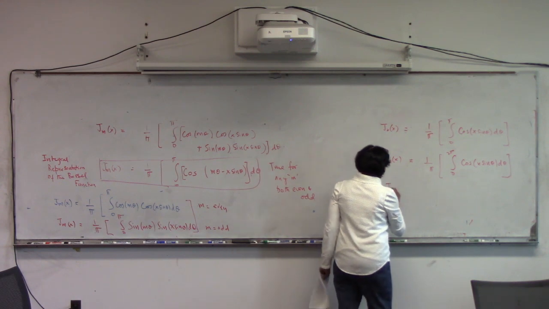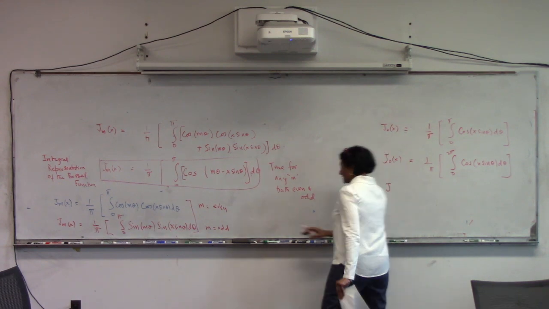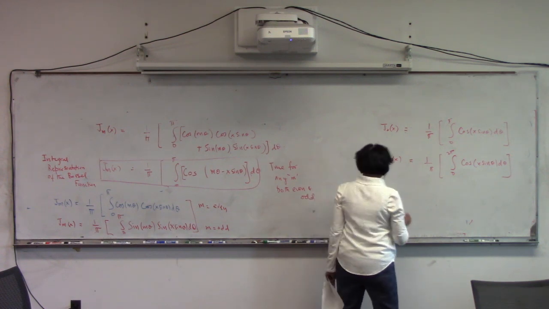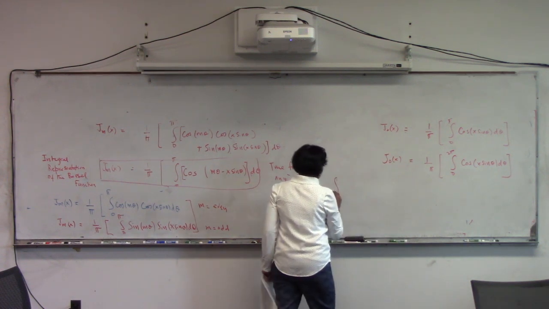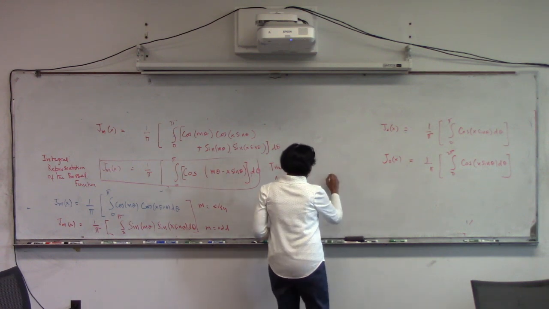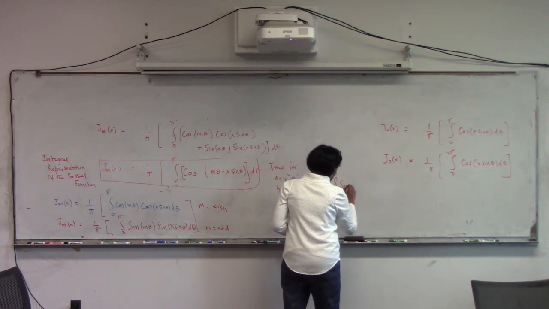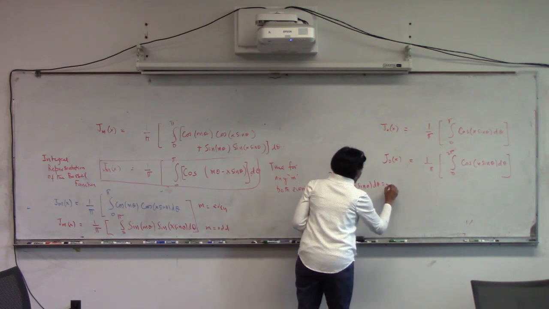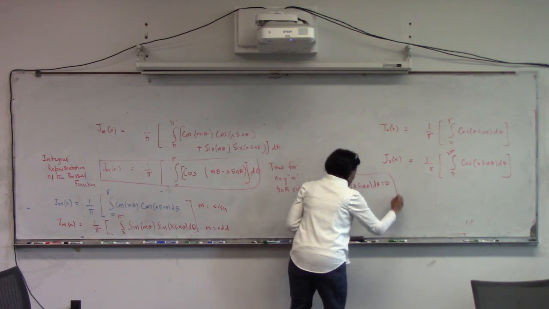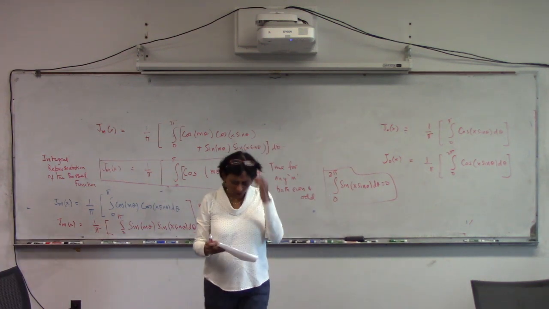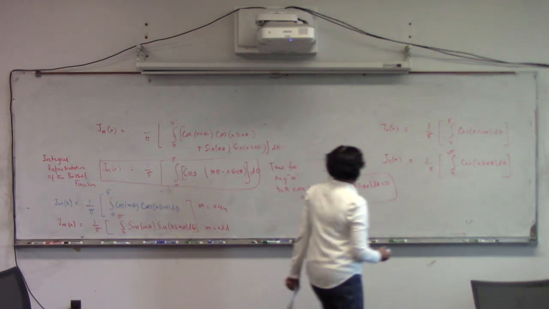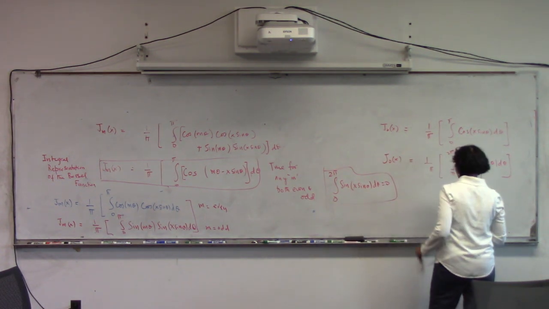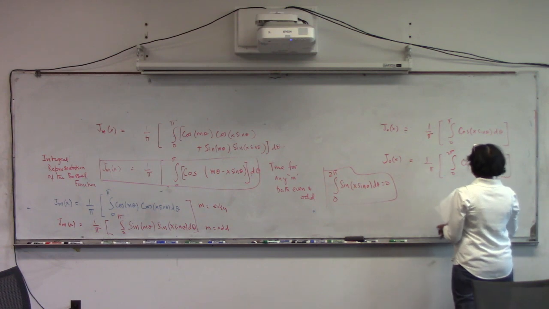Now, we know that, on the other hand, the integral from 0 to 2 pi of sine of x sine theta d theta is 0. So because it's 0, I can add it to this, there's no problem about it.